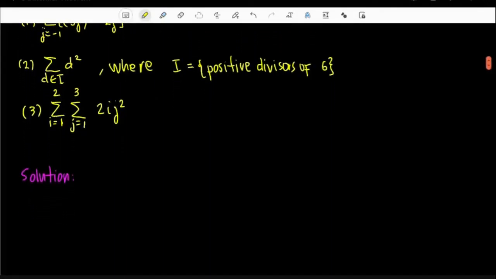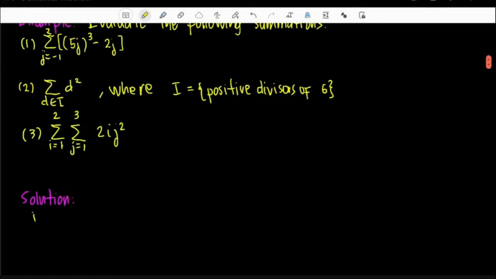For the first one, we just want to get the summation of the quantity 5j cubed minus 2j. Here, j starts from -1 to 2. If we apply the properties of the summation, then we can distribute the summation over the difference.